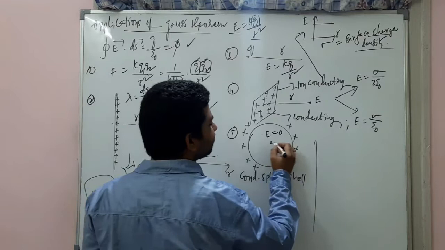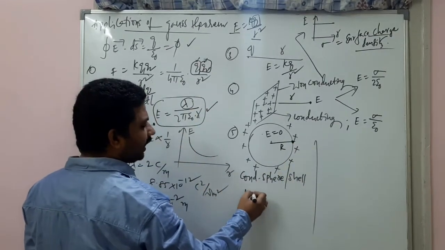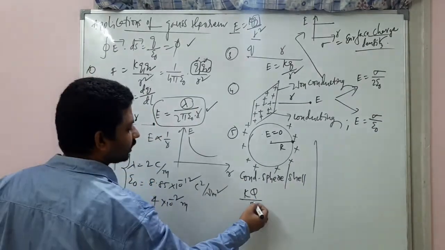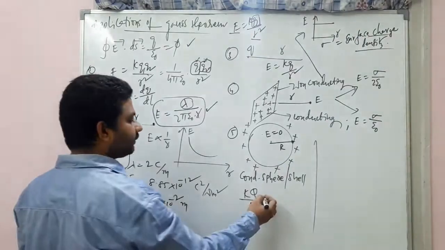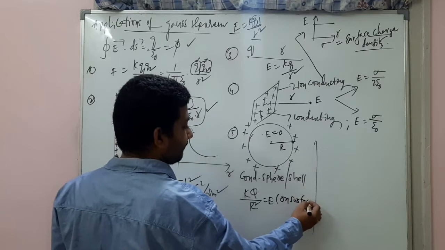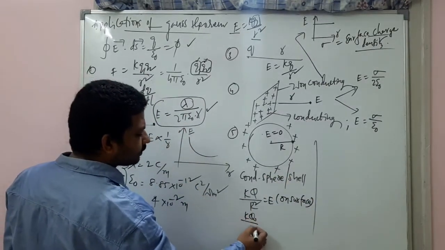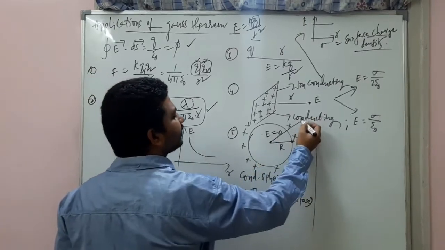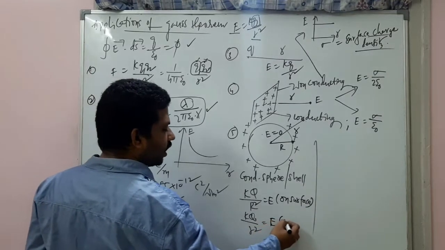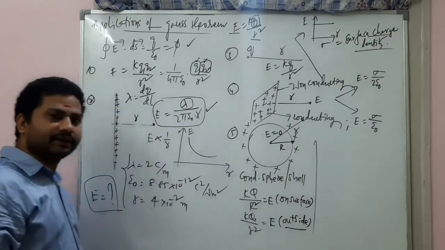The radius of this is R. On the surface, it is KQ by R square, sorry. This is E on surface. And KQ by small r square, at this distance for example, is E outside the shell or conducting sphere.